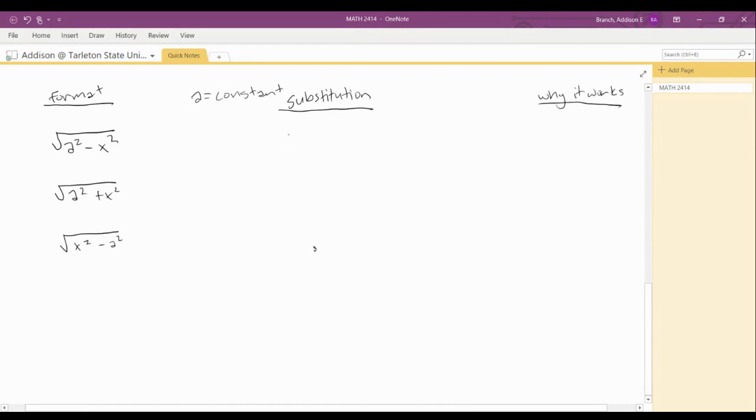So if we have a squared minus x squared, we're going to say that x is equal to a times sine of theta. And if you want to be technical, our angle is between negative pi over 2 and pi over 2.